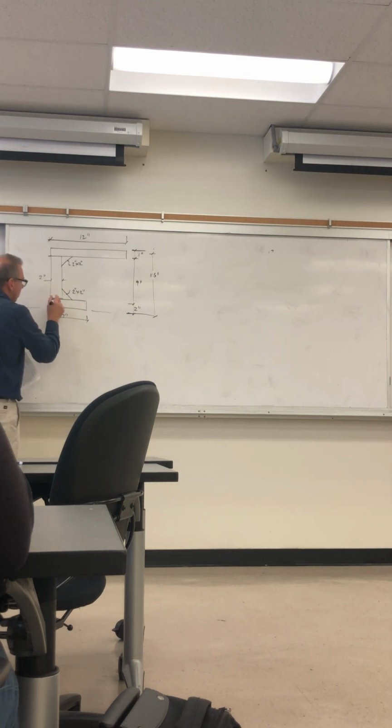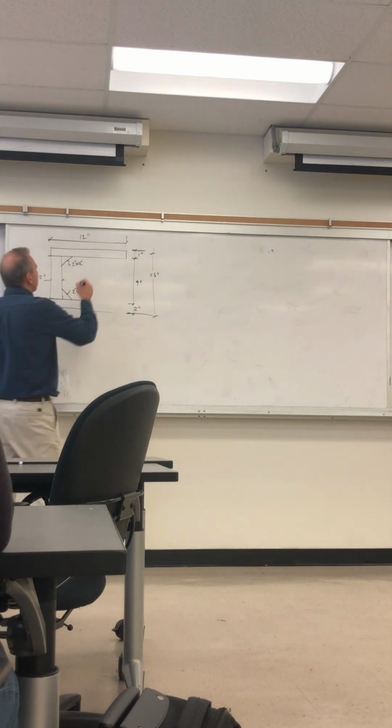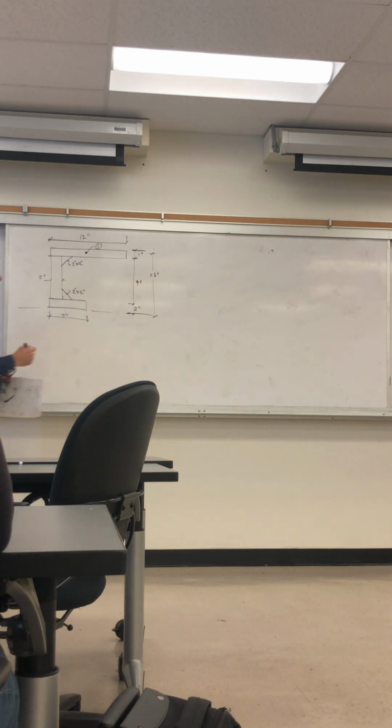Cross-section, made up of, how many elements do you see? 1, 2, 3 rectangles and 2 triangles, so five different pieces, right? Same idea, that's what we just did. We have this one, and I'm going to put the dots at their own centroids, that's 1.